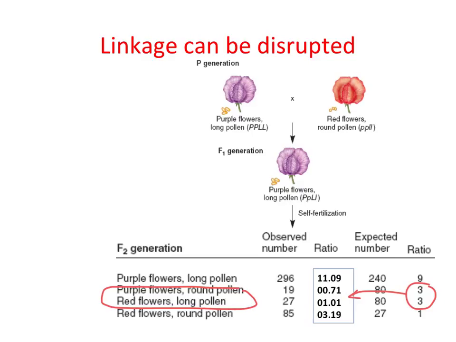What happened with the purple flowers long pollen and the red flowers round pollen, the one on the top and the bottom of the table? What was the pattern there? We observed more than or less than we expected. More. So here we observed fewer than we expected. But for the top and the bottom ones, we saw more than we expected.